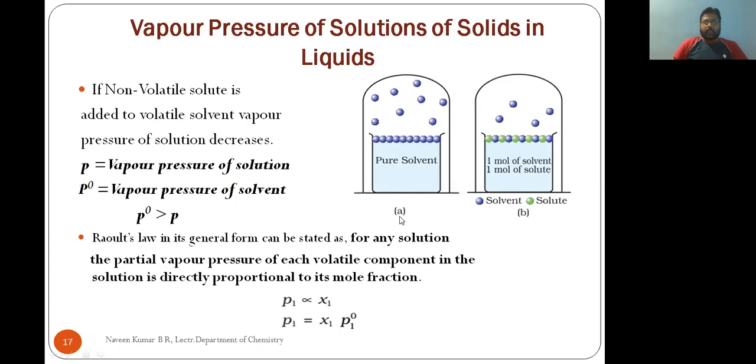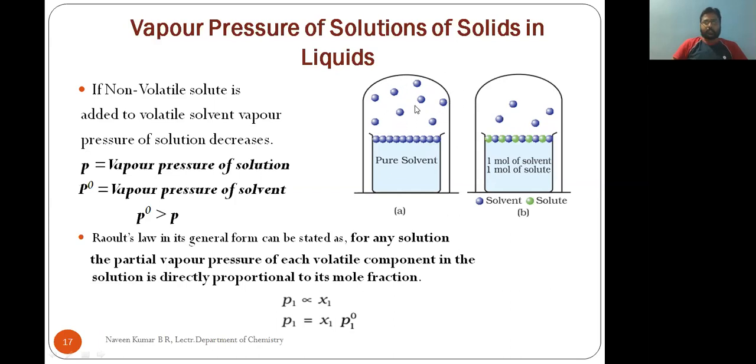Diagram A shows a beaker taken with only the pure solvent. The blue color spherical structures explain the molecules present on the surface of the liquid. Again here the spherical structures explain the molecules of the liquid present in the vapor phase.